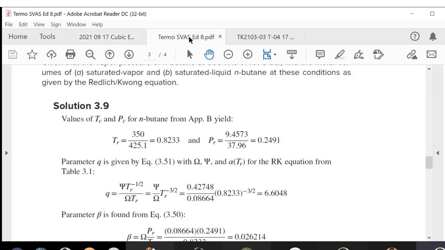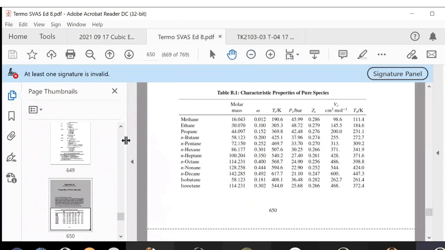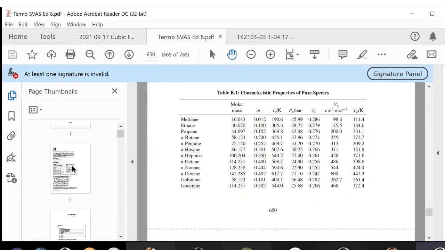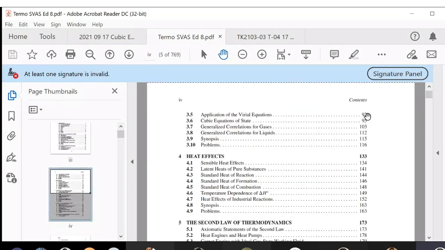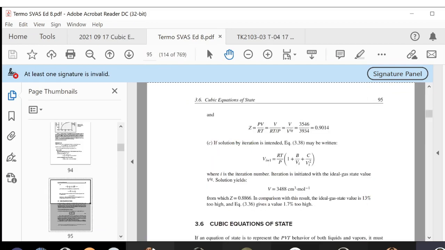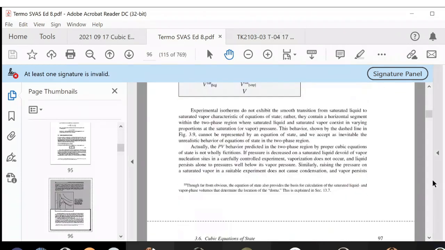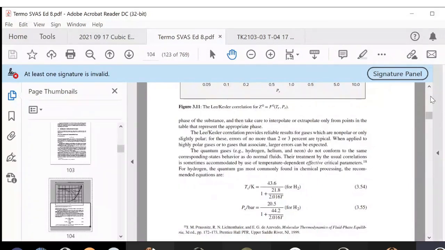Okay, let's check that equation 3.51 so that you know where it comes from. 3.51 approximately is on page 95. Okay, let's type 95. 3.51.